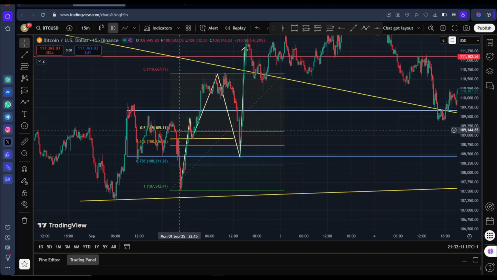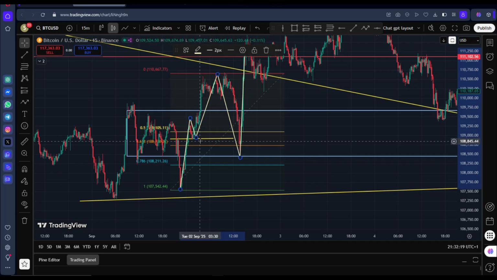Now once these buyers have been taken out and we have another break of structure, I'm going to be looking at what caused that break of structure. This caused this, from this red candle right here. This red candle right here swept this liquidity and then gave rise to this impulsive move over here.